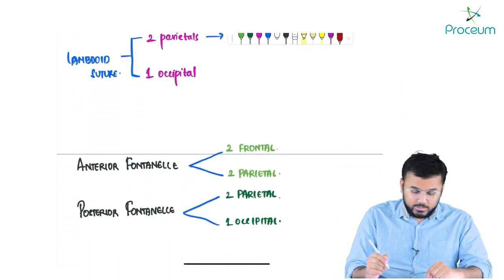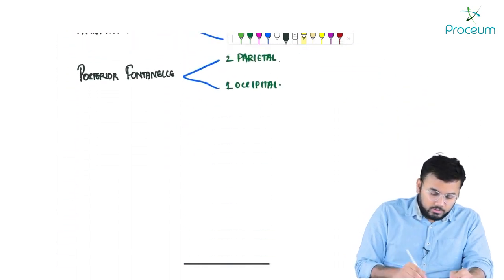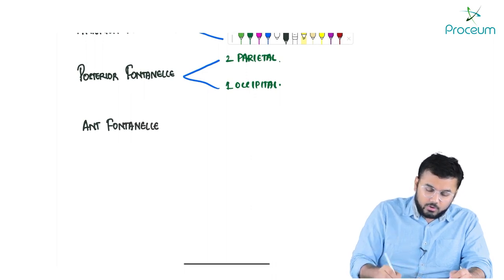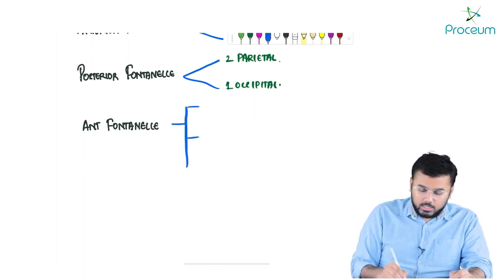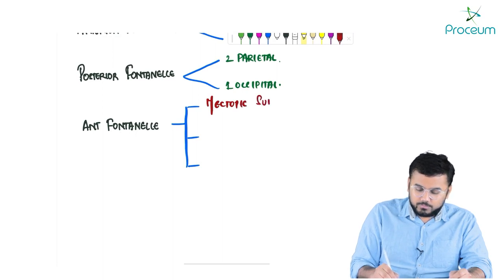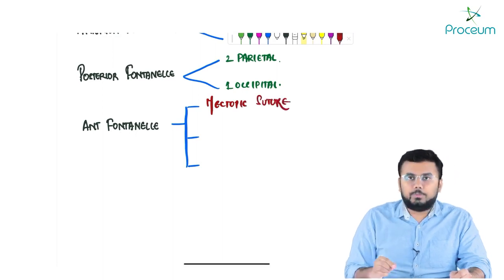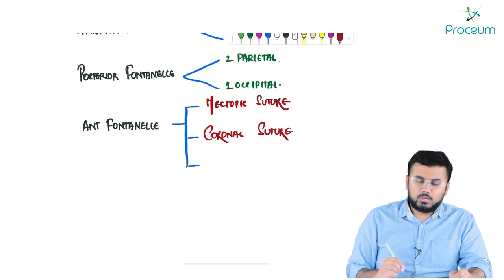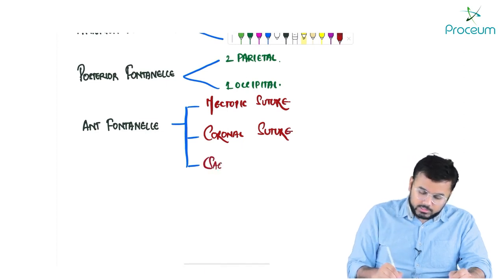Let us write these things down also. The anterior fontanelle is formed by three important sutures. What are those three important sutures? The metopic suture, the coronal suture, and the next one is the sagittal suture.